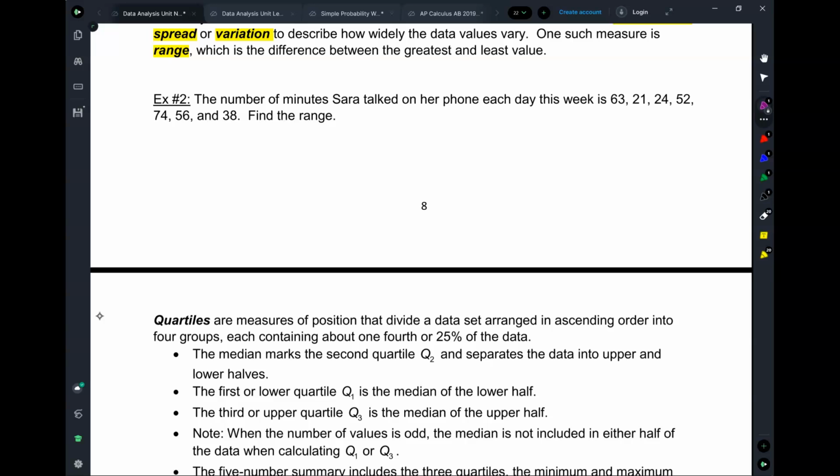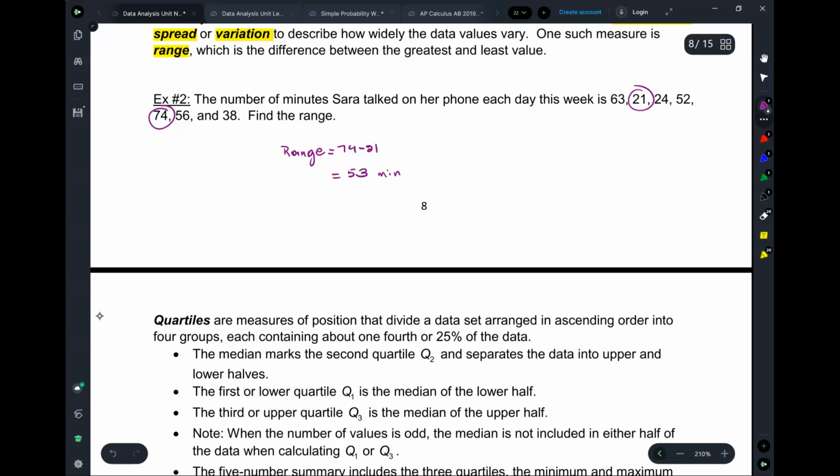What's the highest value here? 74, and the lowest is 21. So range, 74 minus 21, 53. Okay, so this is the number of minutes that Sarah talked on the phone each day this week. Find the range. So the range varied from 74 to 21. So it was 53 minutes.